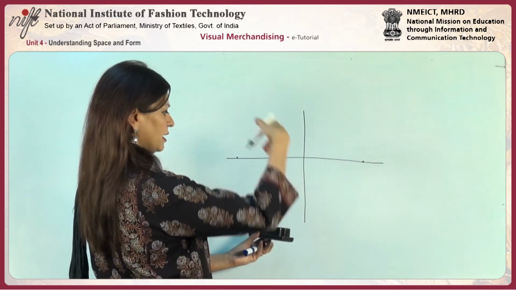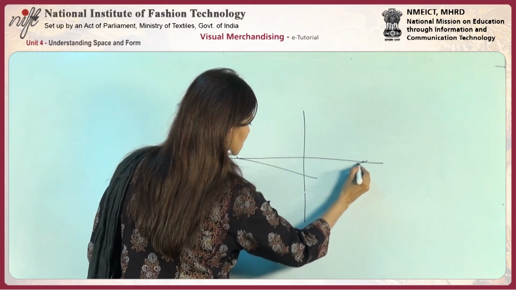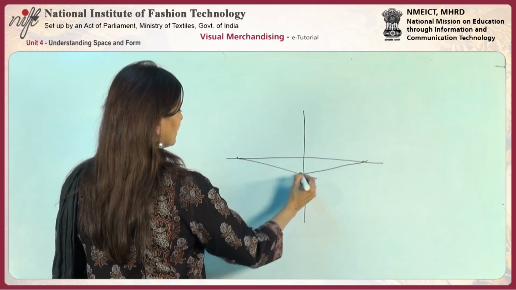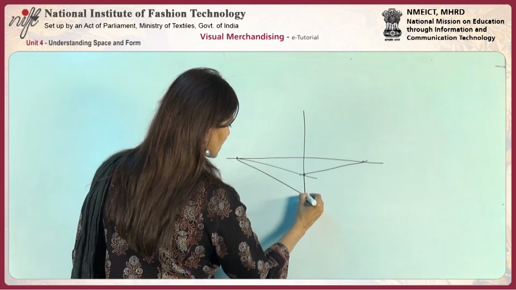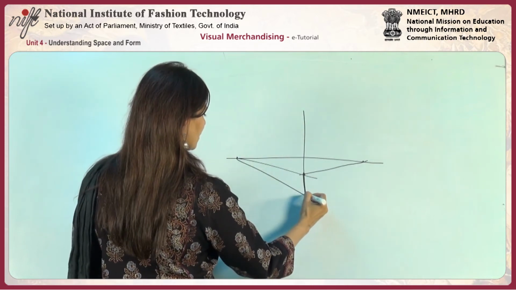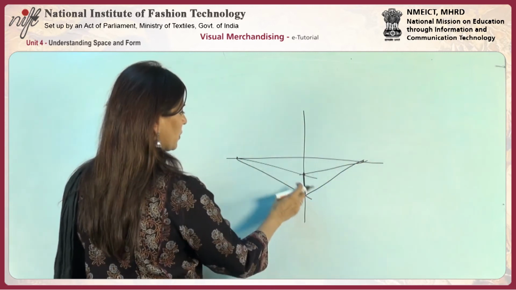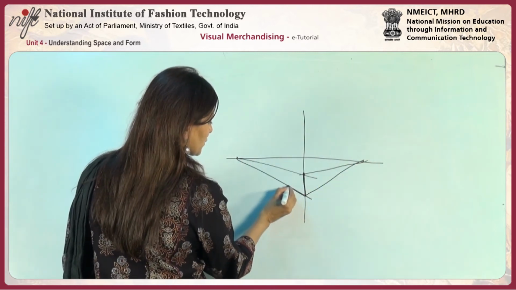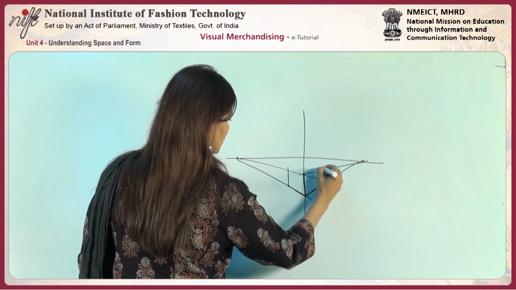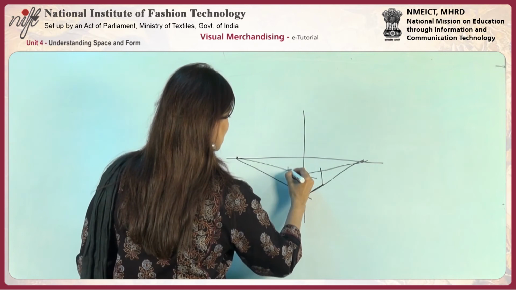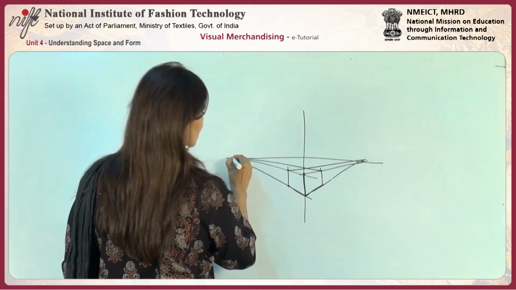First one is an aerial view when I am seeing from the top. So this is my top level, and suppose this is the height of my box. So that's the height, and this is the vanishing point. Suppose this was the length of my box and this was the width of my box, then this point would vanish here and this point would vanish here.